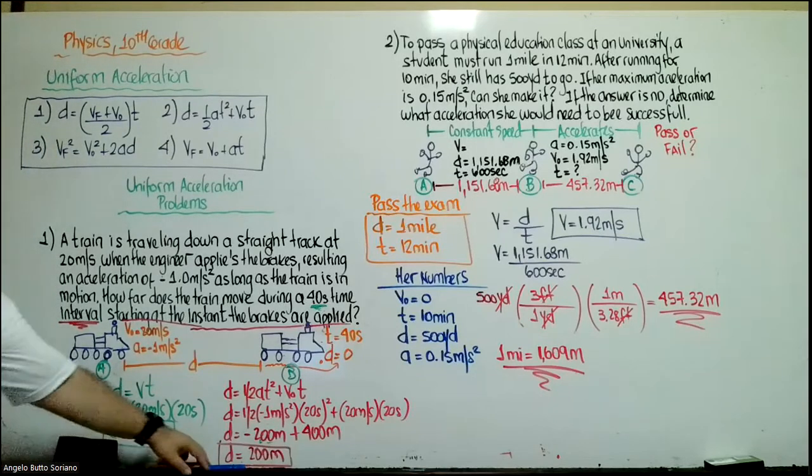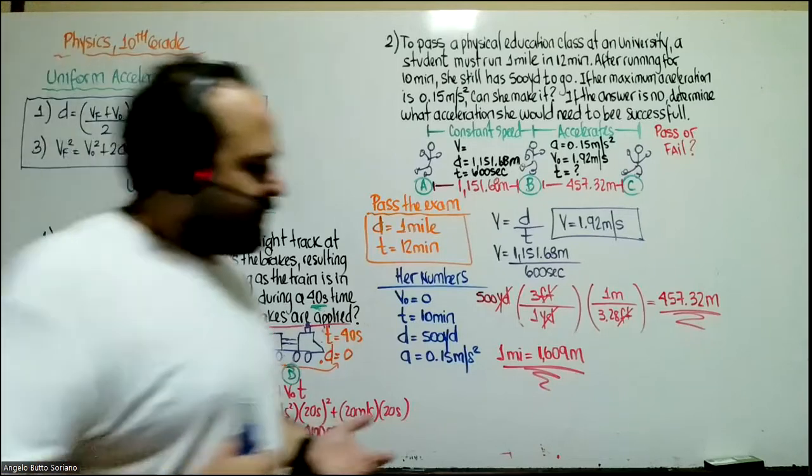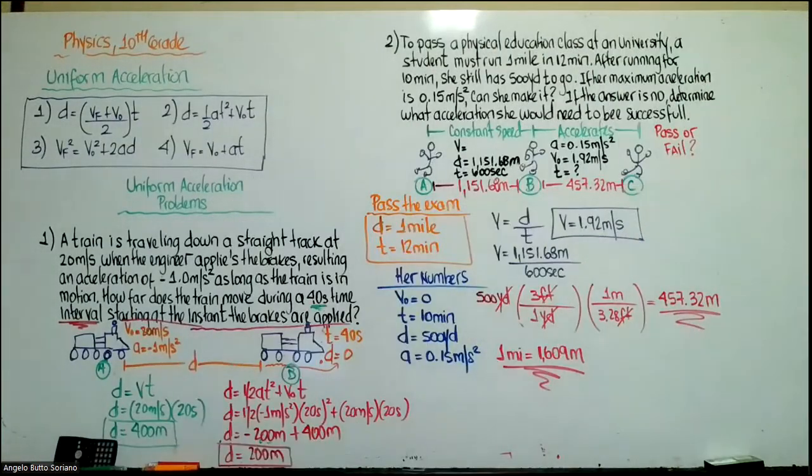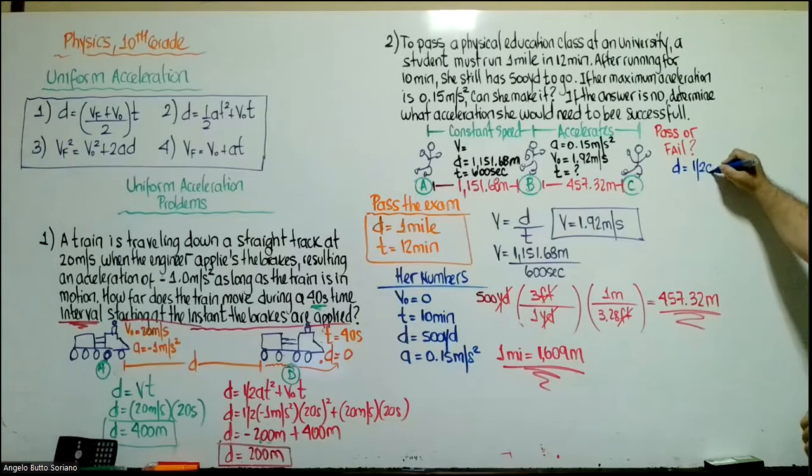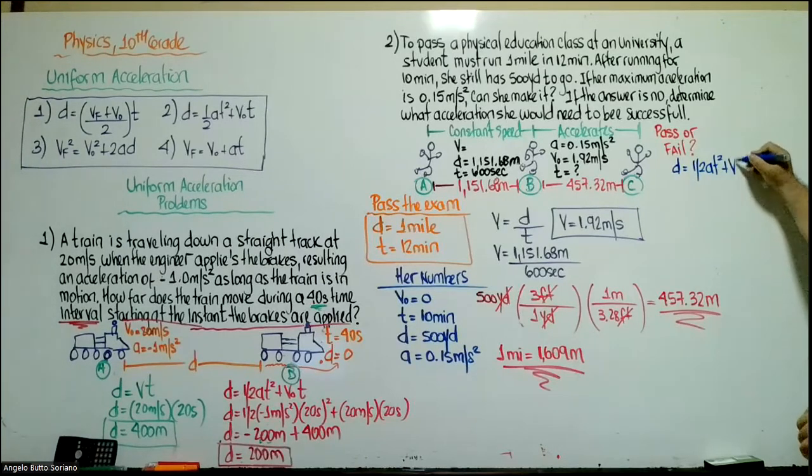We have the distance, the acceleration and the initial velocity, and if you're thinking we must use the second equation, you're right. The second equation establishes that the distance equals 1/2 acceleration times time squared plus initial velocity times time. So in this case, we're going to establish if she's going to make it or not.